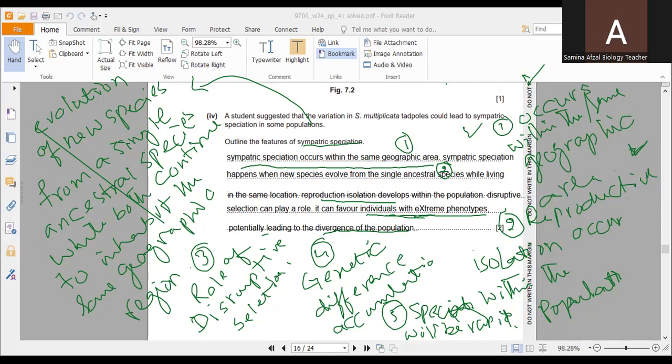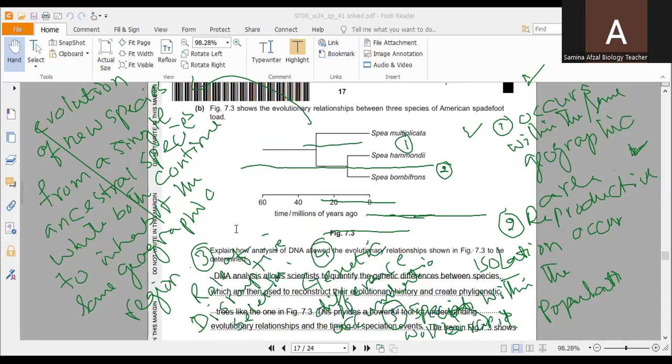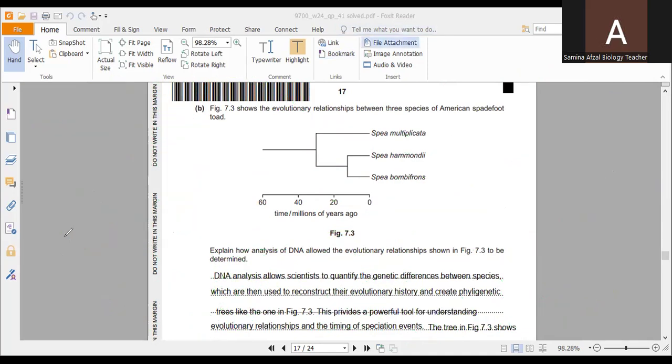Now we are moving towards the next question, and the next question is figure 7.3. Figure 7.3 shows the evolutionary relationship between three species of American spadefoot toad.